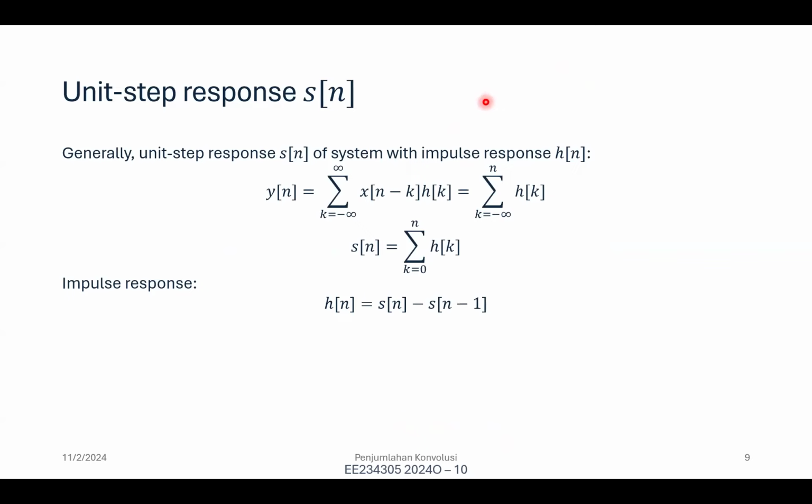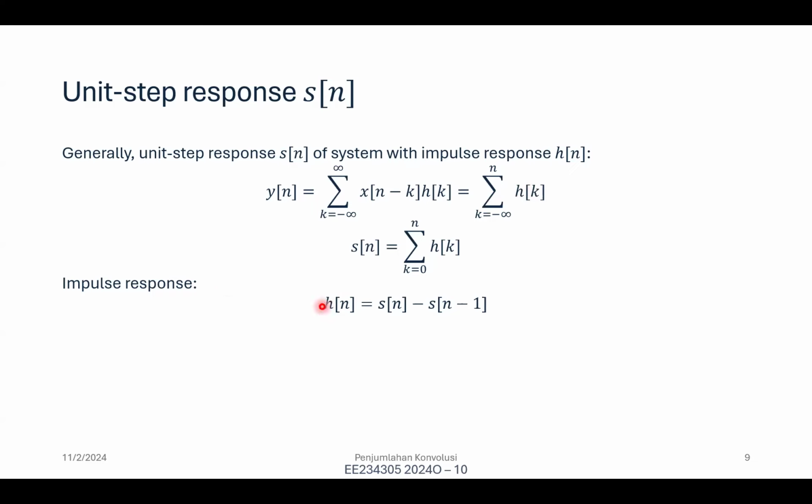Now it is also possible to get a unit step response Sn of the system with the impulse response Hn. So Yn, the output here, is the summation of x n minus k times hk. So k here is from minus infinity to infinity, but since we have the unit step, this Sn is the summation of k from minus infinity to n of hk, right?